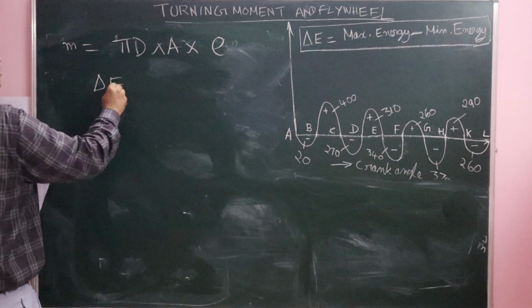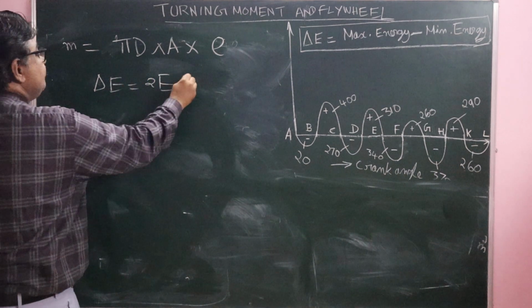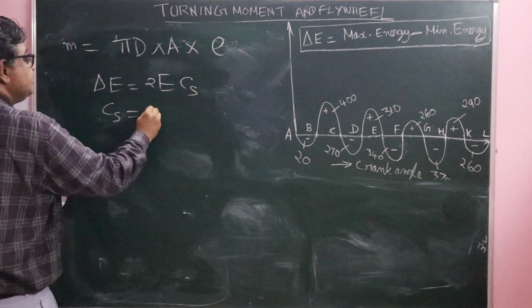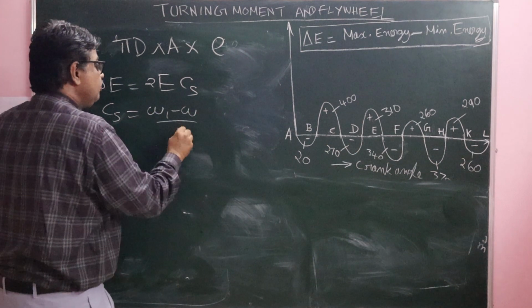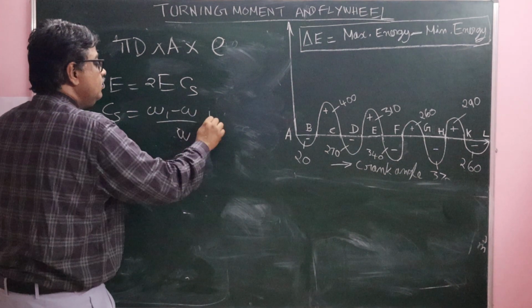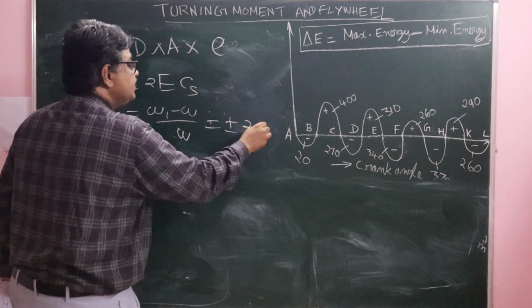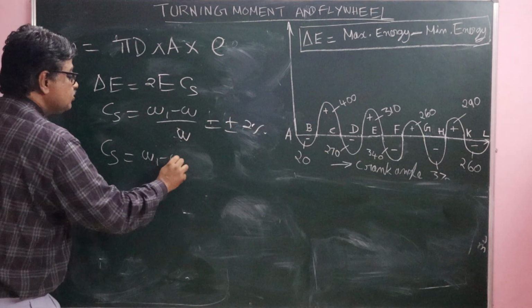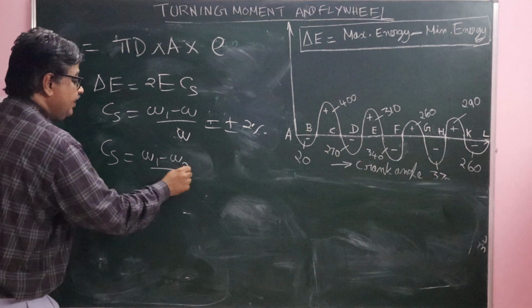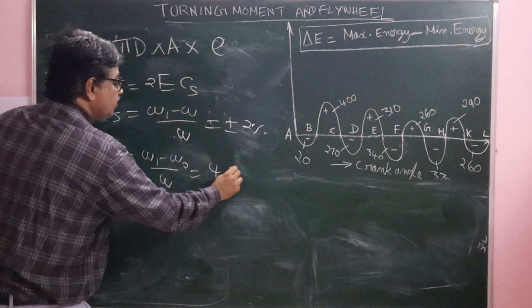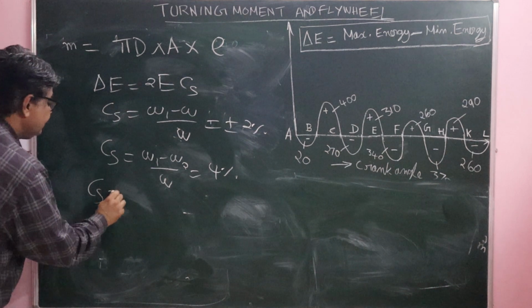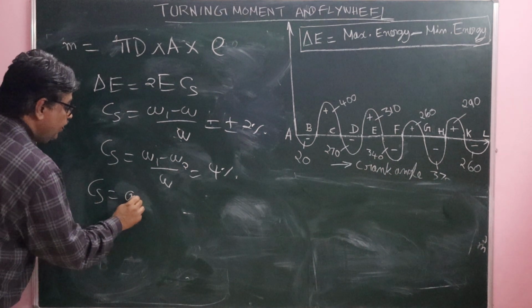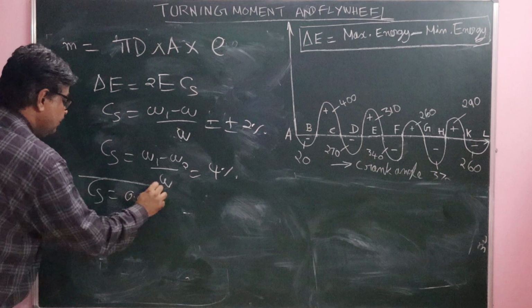del E is equal to 2 E CS. This is the formula. Coefficient of fluctuation of speed is given, omega 1 minus omega 2 by omega equal to plus or minus 2%. Therefore, CS is equal to omega 1 minus omega 2 divided by omega, which is 4%. Therefore, coefficient of fluctuation of speed is 0.04.